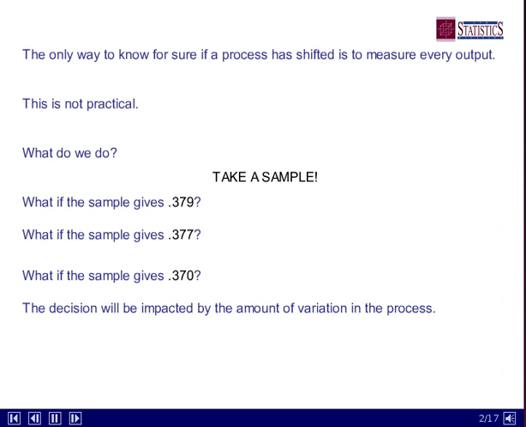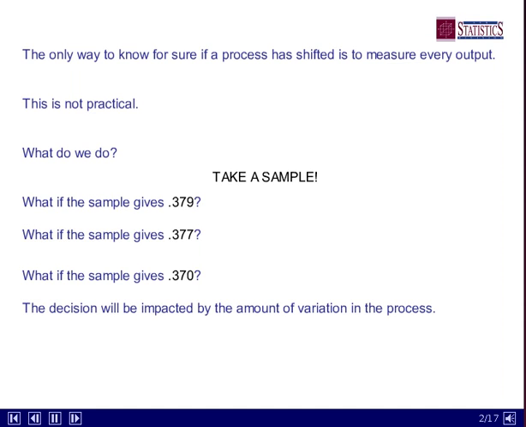In either way, looking at any of these values, it will be impacted by the amount of variation in the process. So if there's a very tiny amount of variation in the process, even shifting to 0.377 might be alarming enough that we would consider it a problem.